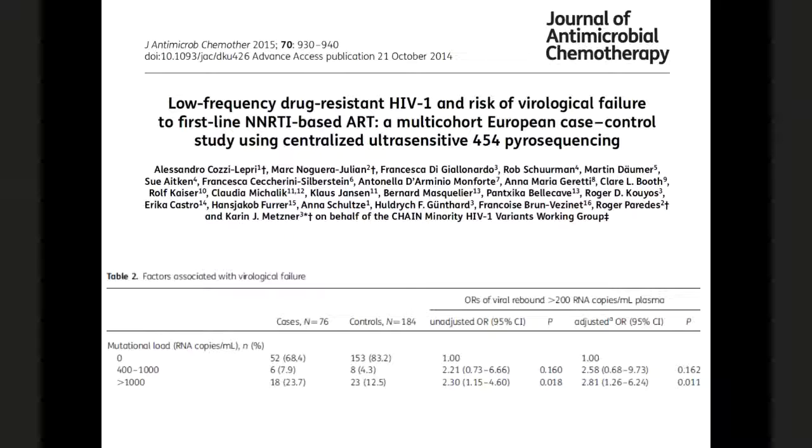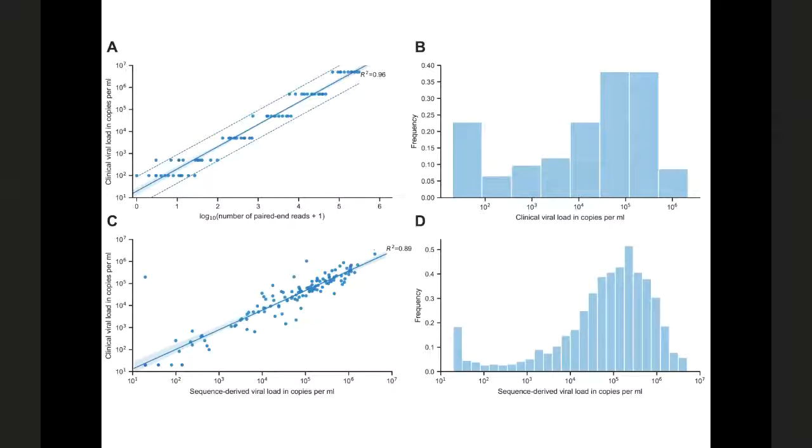more detail. This is a slide from the paper that Tanya and I and others deposited on bioRxiv at the end of last year, that shows just how quantitative the sequencing is. Here are the standards, the standard curve that I mentioned earlier that we include within each run.